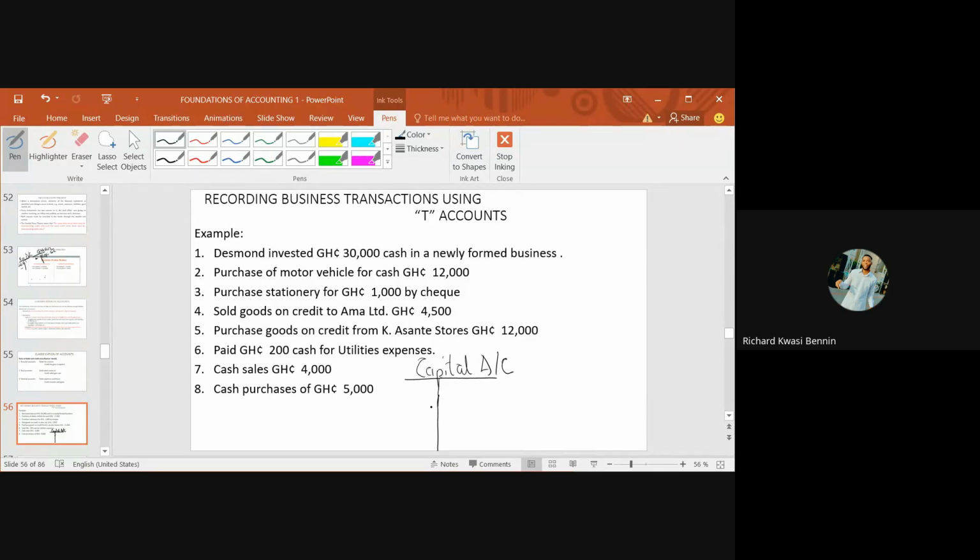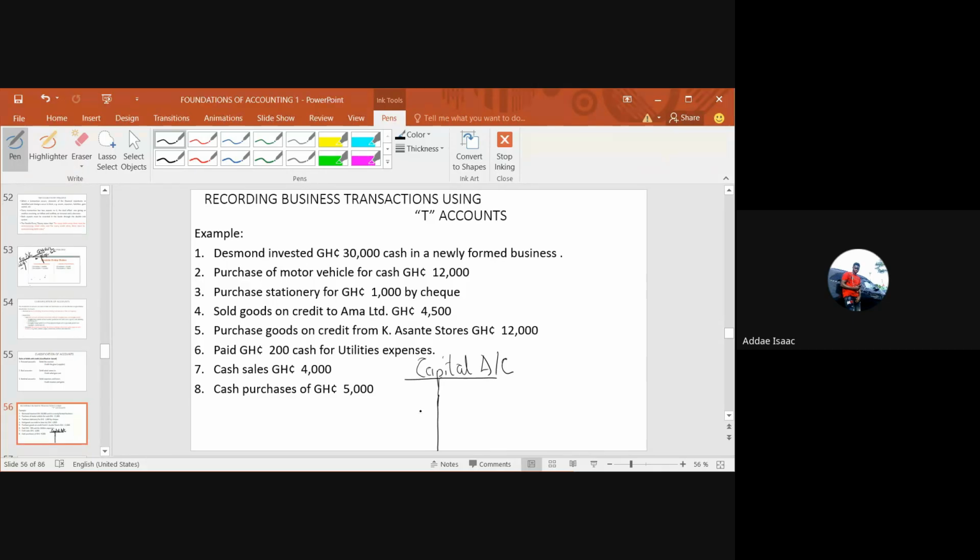Madam, the debit account and the credit account are not there. Only the account. The DR and the CR are not there. What I mean is that you've written what you call the ledger account, which is a capital account. Can you see the capital account I've written? Yes, the T table.